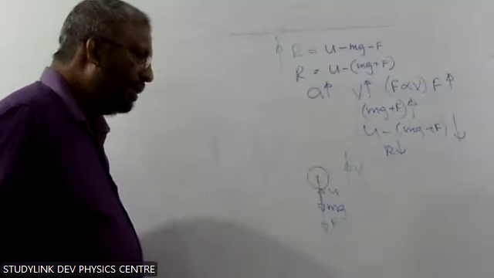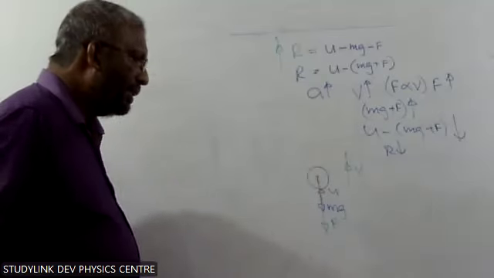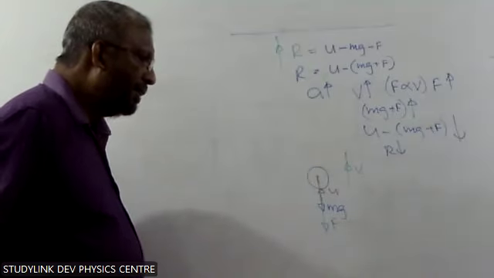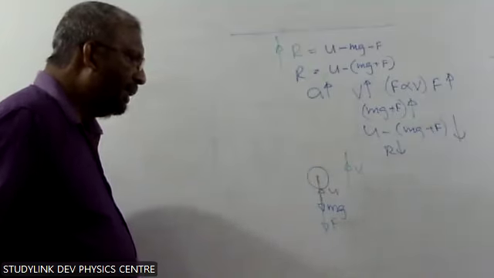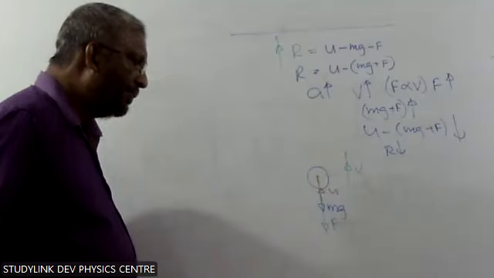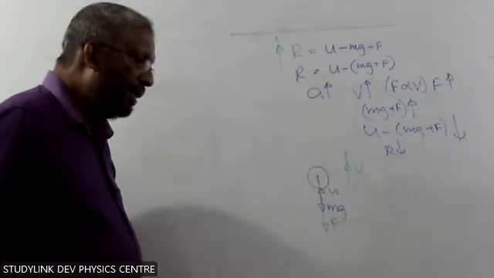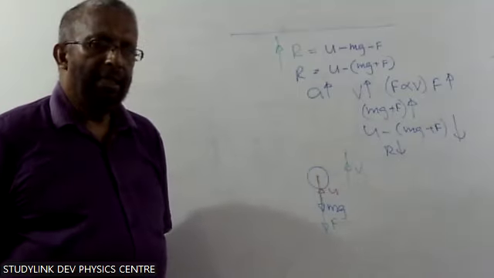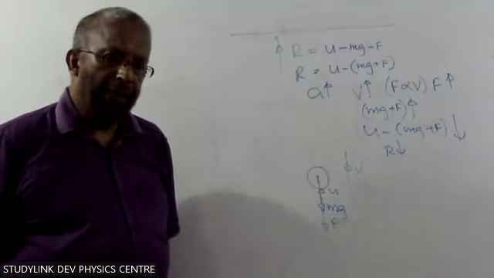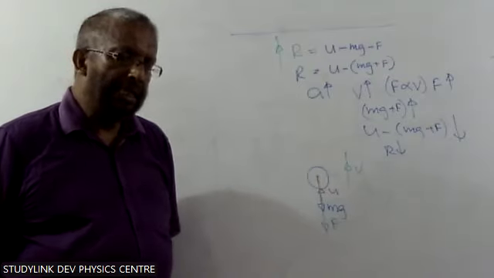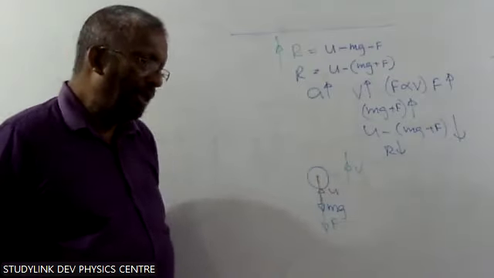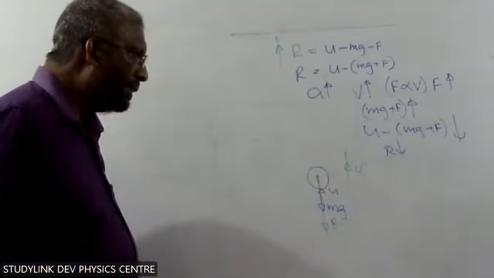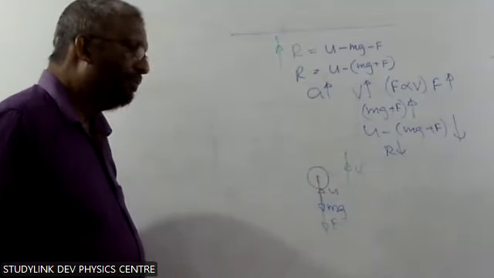At this instant, the maximum velocity is reached by the sphere, and this maximum velocity is called terminal velocity.